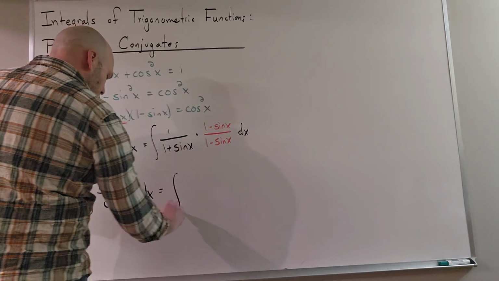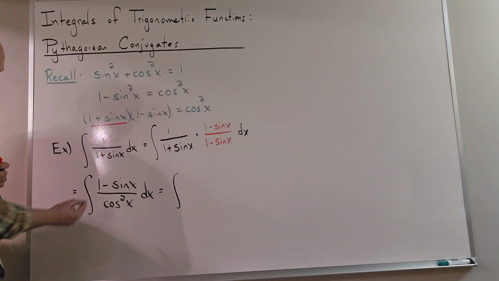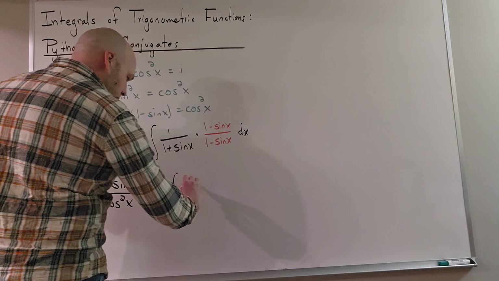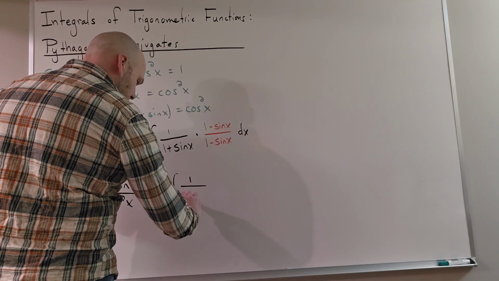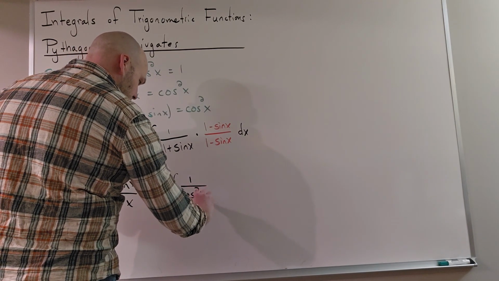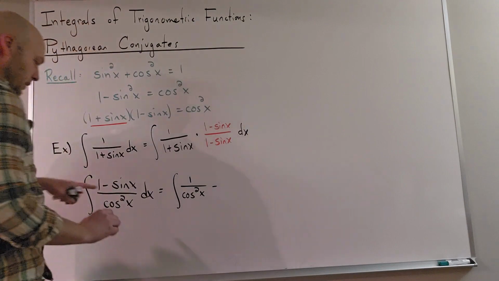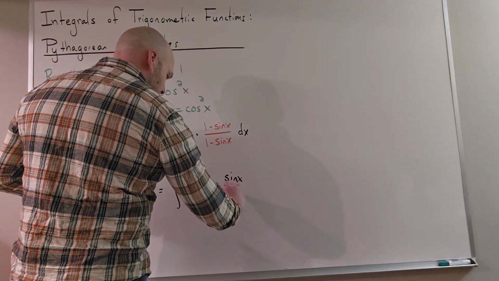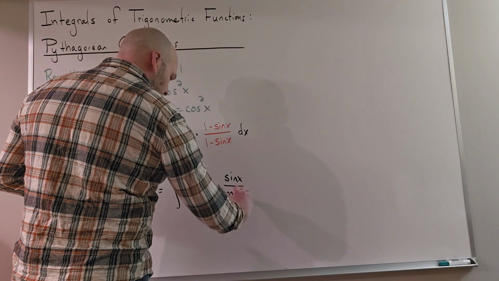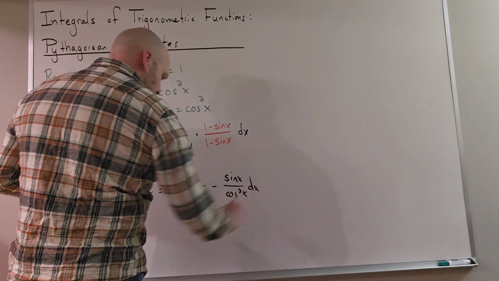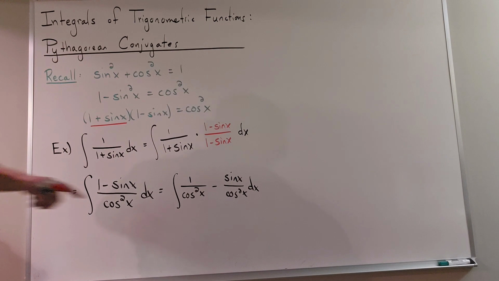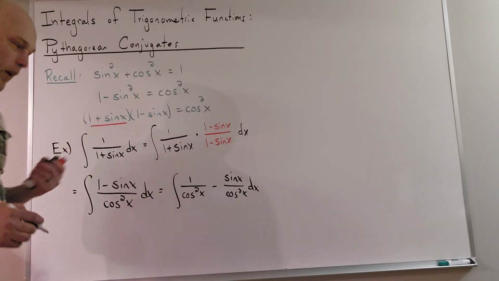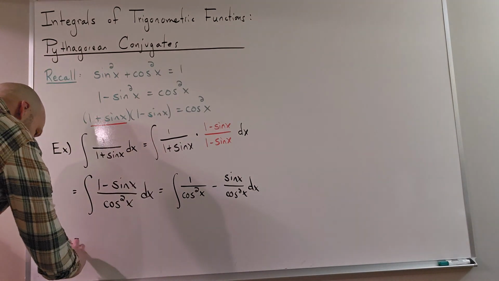And then what I can do is separate the fraction here: 1 over cosine squared minus sine over cosine squared. Okay, the reciprocal of cosine squared is the secant squared.